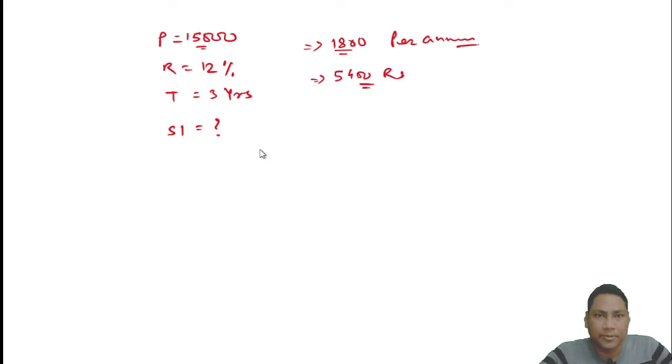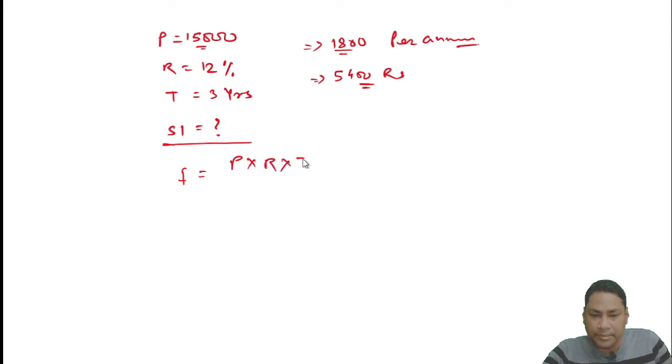So friends, this type of problem can be solved without using pen and paper also. This was the logical method, and we can solve it by the formula also. The interest formula is principal, rate of interest multiplied by time, divided by 100.